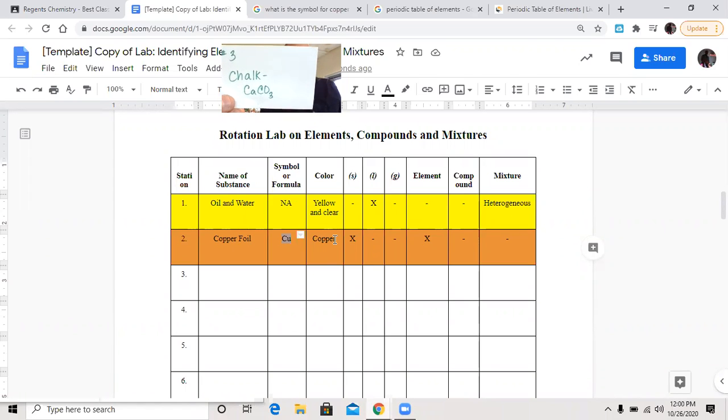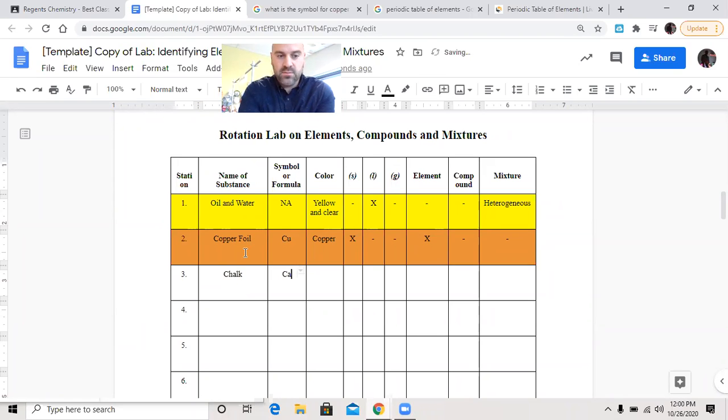Chalk is CaCO3. So station number 3 is chalk. CaCO3 is a chemical formula. Is the O capitalized? Yes. The symbol is Ca, which is calcium.